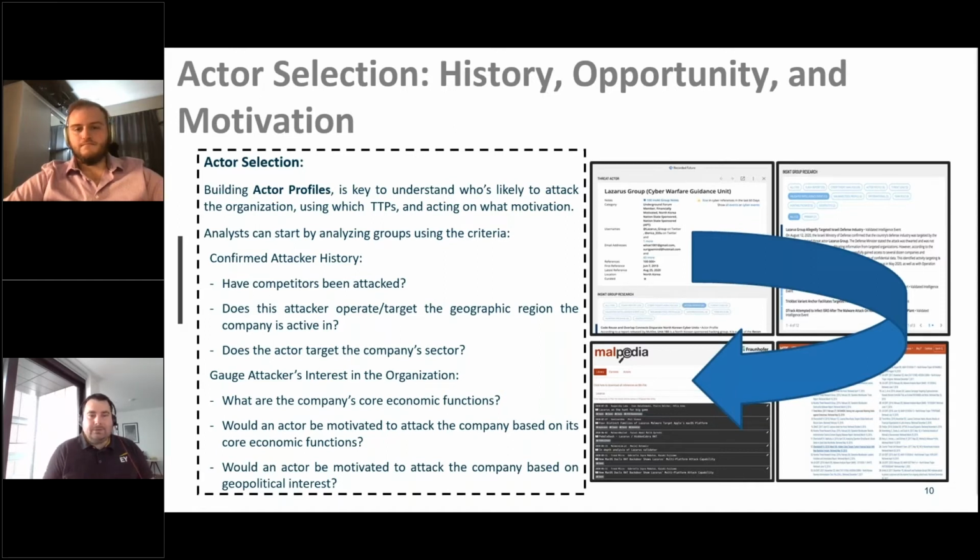If we're looking at what is interesting about our organizations, we've mentioned already the crown jewels, the core economic functions or CEFs. But really, why would an attacker be interested in attacking our organizations? We do see this as a financial services company. Of course, there is money in there which an attacker could steal, but there's also a lot of personal information that an FS organization might hold.